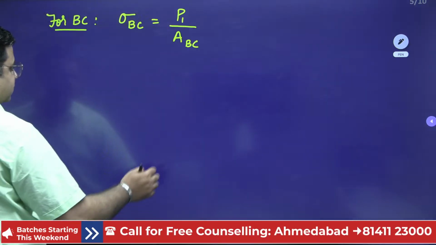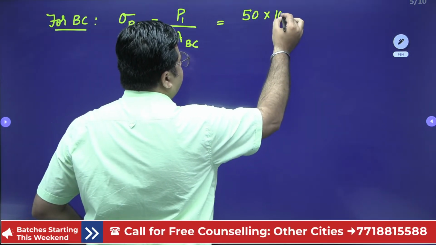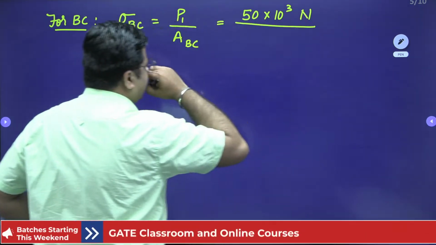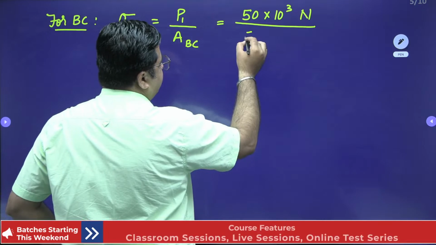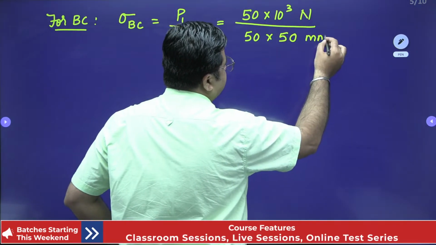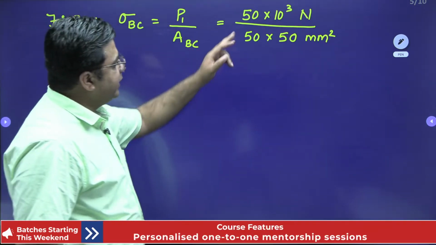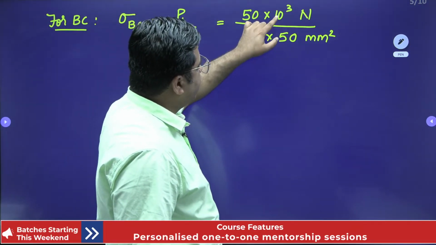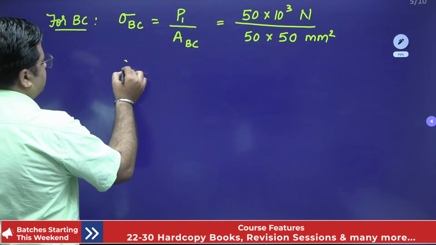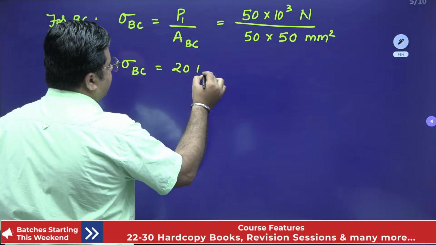So P1 is 50 kilonewton, so 50 into 10 raised to power 3, in Newton, divided by area of BC, which is 50 into 50 in mm square. If you calculate this, 50 and 50 cancel out, and this is 1000 by 50, which comes out to be 20 Newton per mm square. So sigma BC comes out to be 20 Newton per mm square.